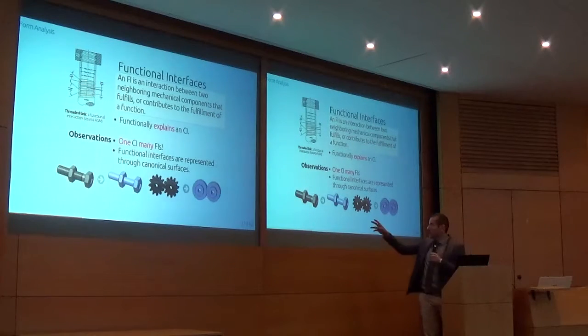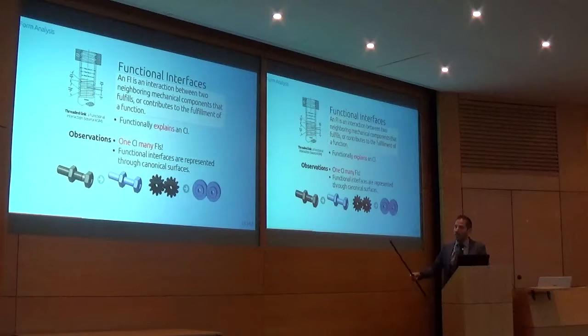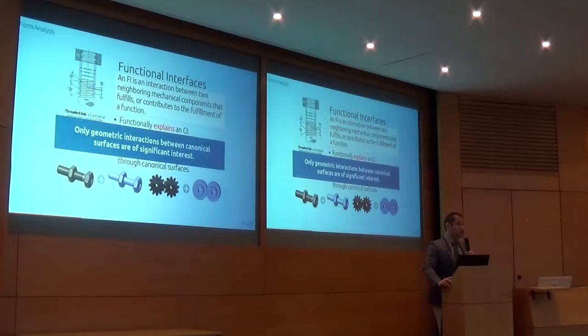So the CAD model is actually simplified in these cases using, again, canonical surfaces. Now this allows us to safely state that as long as functionality is concerned, only canonical interaction between canonical surfaces is of interest to our study.